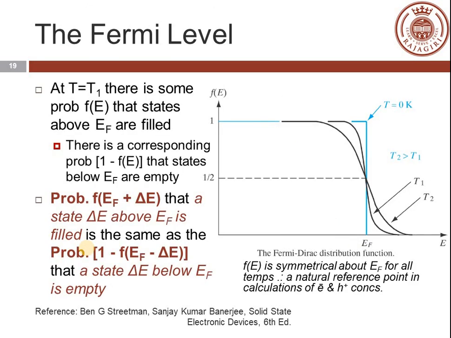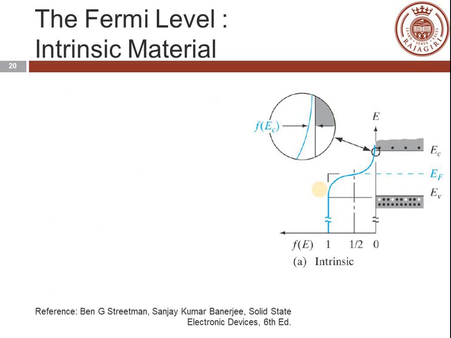Now we will be relating this Fermi level to intrinsic semiconductors and extrinsic semiconductors. For that purpose, we will be rotating this f of E against E plot 90° anti-clockwise. Here it's the same plot as we saw in the last slide.